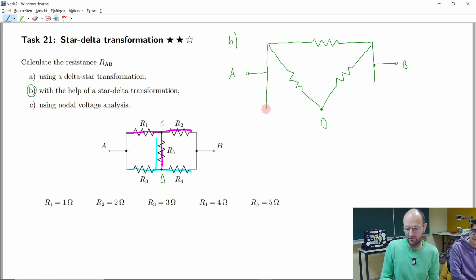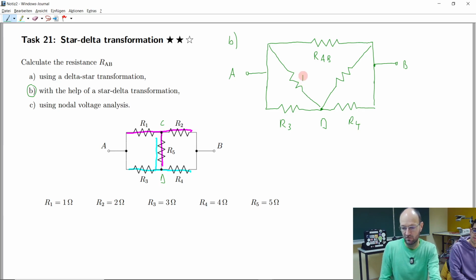And we still have the old resistors R3 and R4. So this is R3, this is R4. And this resistor here now I will call RAB. This is what I will call RAD, and this is RBD.